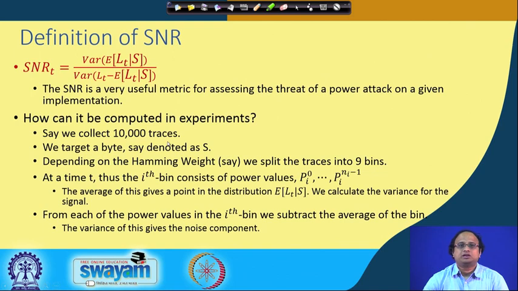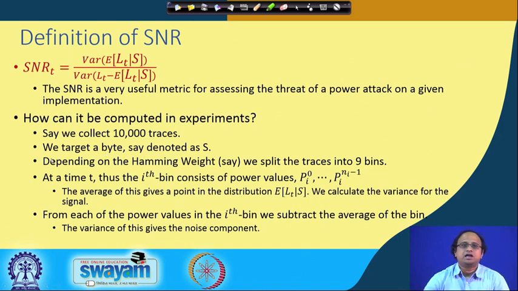Suppose you have 10,000 traces and you target a byte, say I denote it as S. Depending on the Hamming weight, we split the traces into 9 bins, since the byte can take 0 to 8, that is 9 possible Hamming classes. I distribute these power traces into these 9 bins.